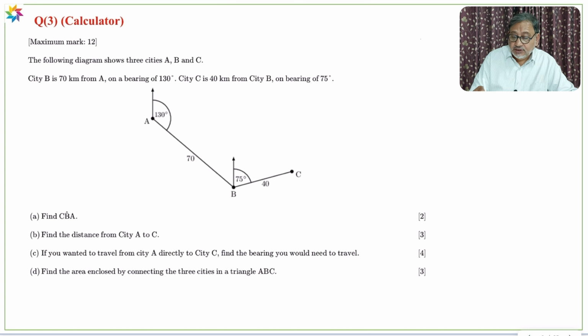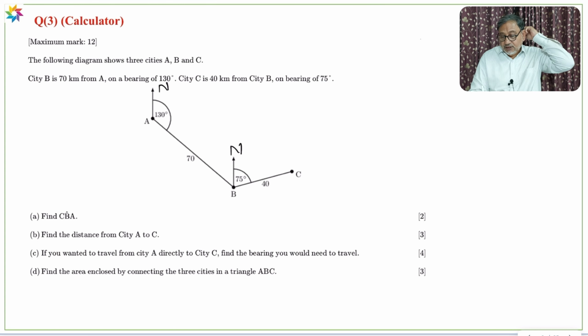Okay, bearing is always clockwise. City C is 40 kilometer from city B on a bearing of 75. So this is the north pole. Let me put the mark here, N and N, because always from the north pole we get the bearing in the clockwise direction. Right, so these are given information.